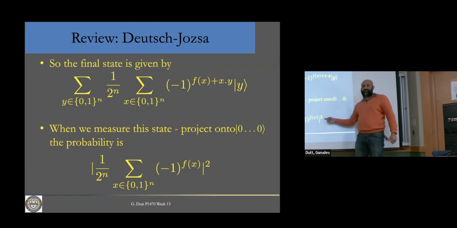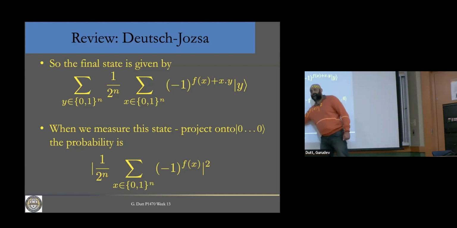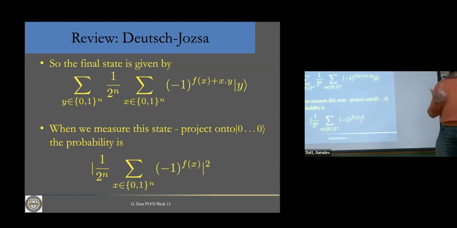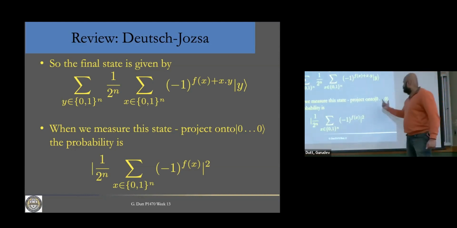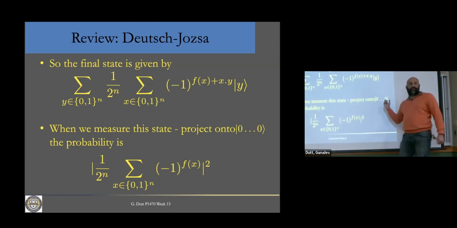And that term is just (-1) to the power 2 f(0), which is 1. And that's summed over all the n-bit strings, so that's 2 to the n. So 2 to the n and 2 to the n cancel out, you get 1. So if the function is a constant function, whether f(0) is 1 or 0, you get probability 1 to be in the state 0 at the end.